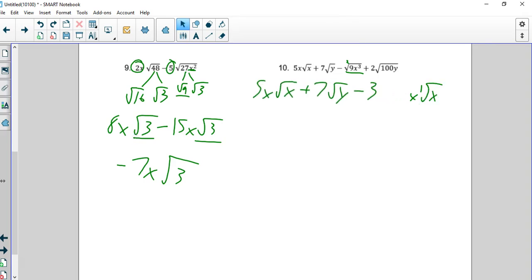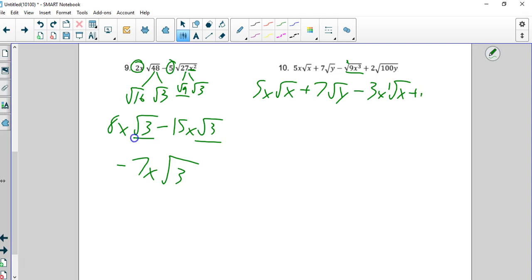I'm running out of room. There we go. Plus, square root of 100 is 10, times 2 is 20. That's not supposed to be underneath the radical. Y to a radical. I'm getting ahead of myself.